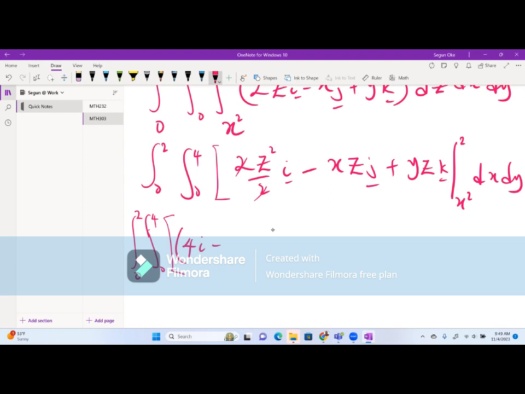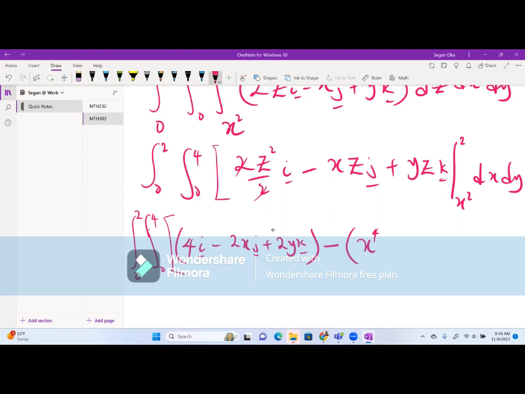4i minus 2x j plus 2y k. Then minus lower limit. Lower limit is x squared. Anywhere you see z, put x squared there.